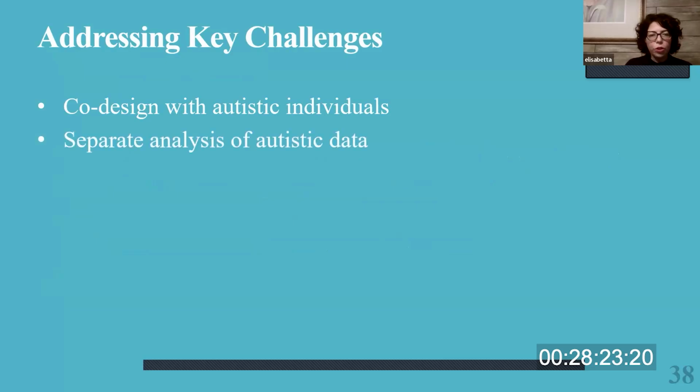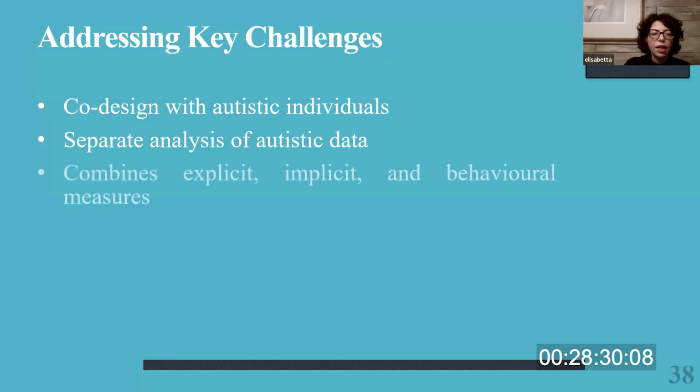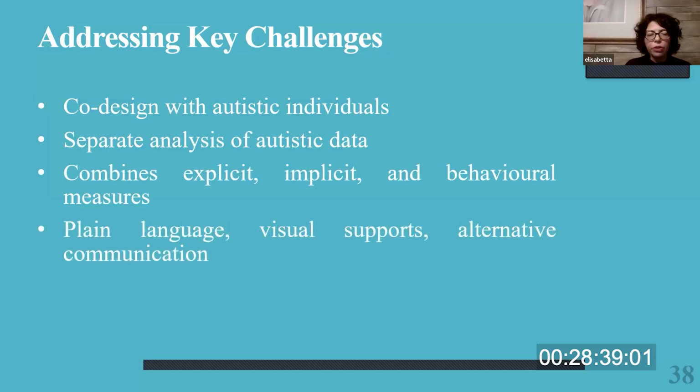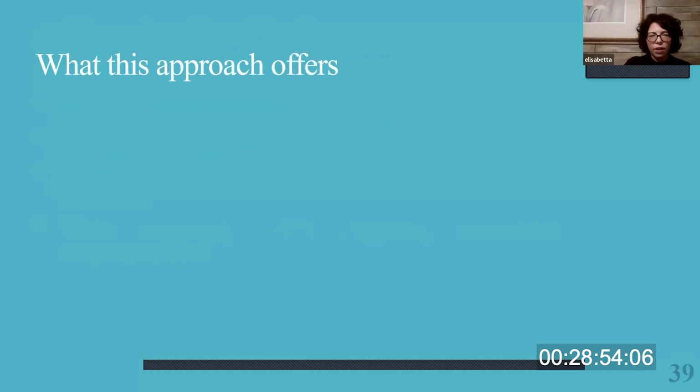Also, a way to address the challenges is to keep analysis of autistic data separate, and combining explicit, implicit, and behavioral measures is another way to address the challenge. And we will use plain language, even though usually philosophy is very technical and sometimes we use very complex language, but we will use plain language, visual supports, and alternative communication if necessary.